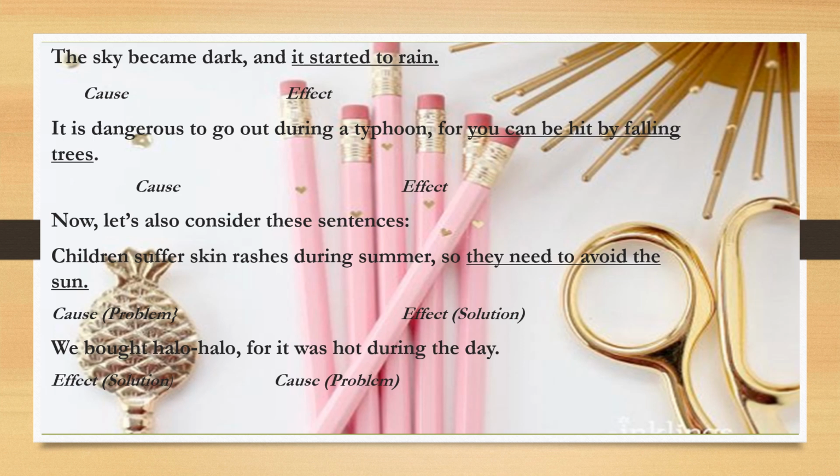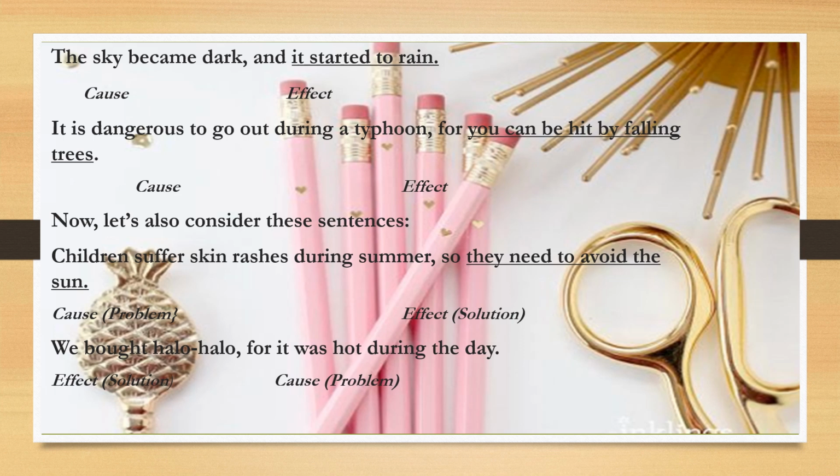Another sentence. It is dangerous to go out during a typhoon, for you can be hit by falling trees. So, it is dangerous to go out during the typhoon is the cause, followed by the effect: you can be hit by falling trees.